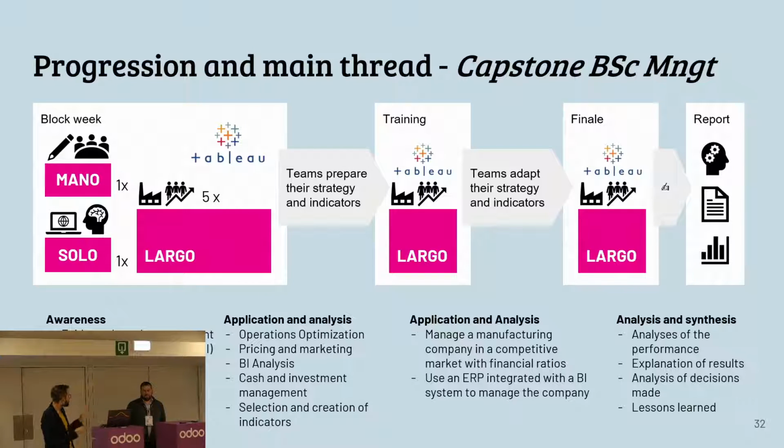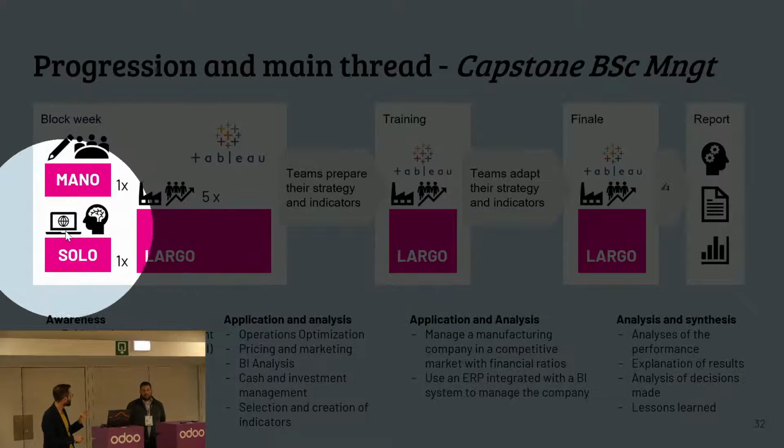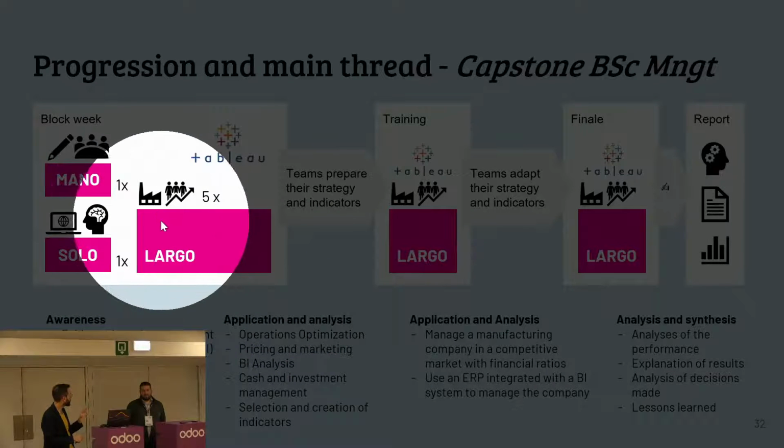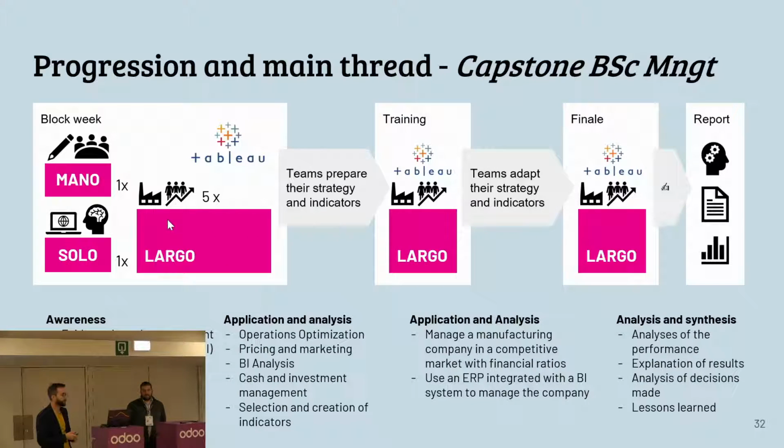In this week, they will go through the first classes very fast. So the Mano and Solo games will be done on the first day. Also on the first day, they will discover the Largo game, which is the big competition. Then they have the whole week to work on their business strategies. It's really about them tweaking their strategy to be the best performers in the game.